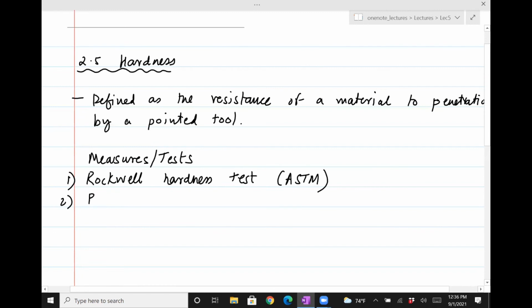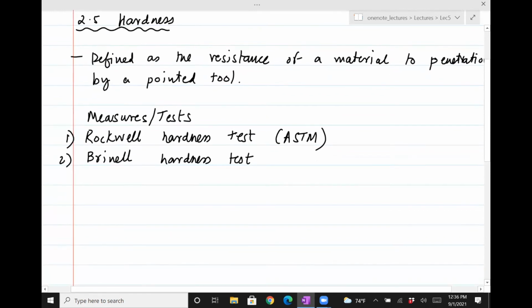And there's another one which is common, the Brinell hardness test. Okay, so let's briefly talk about these two. The first one, the Rockwell hardness test. How is it done and what comes out of it?